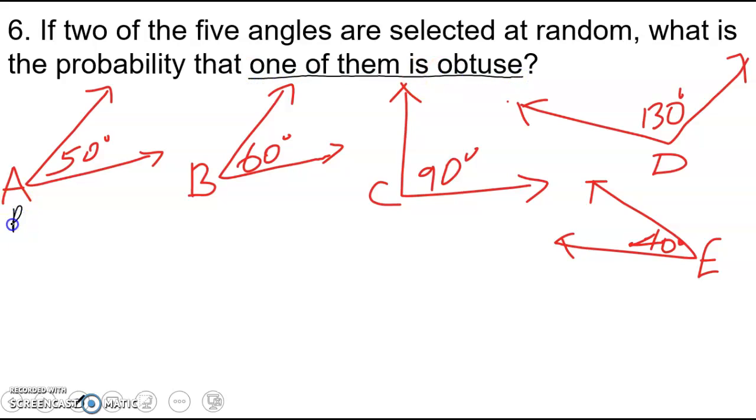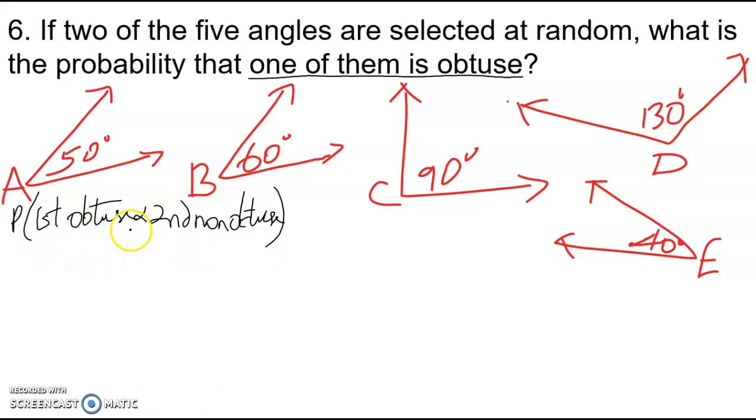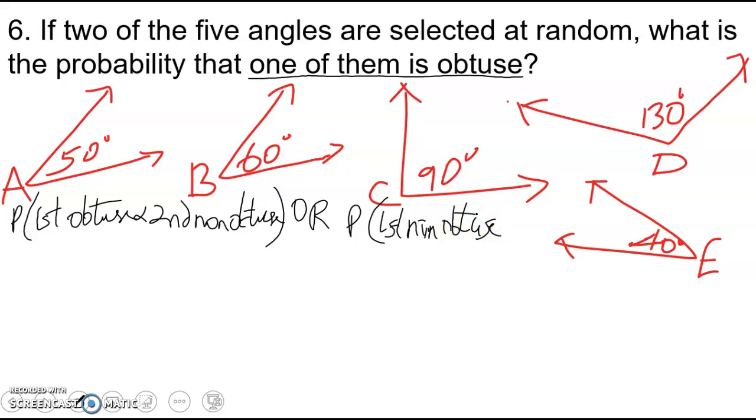So again, the probability that the first is obtuse, and the second pick is non-obtuse, because only one of them is obtuse. Now, either the first one is obtuse and the second one is not obtuse, or the first one is non-obtuse and the second one is obtuse. So you have to consider all the conditions.